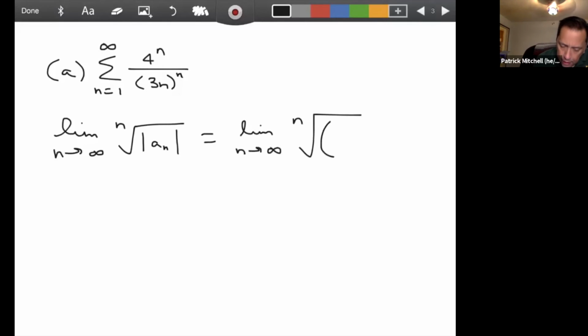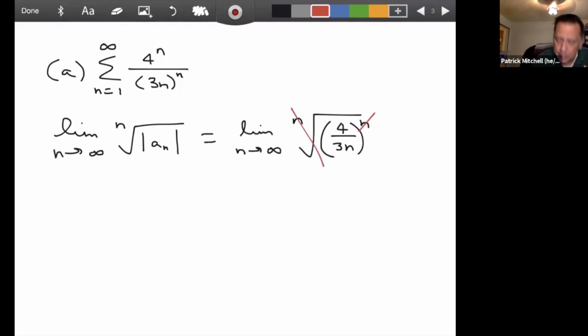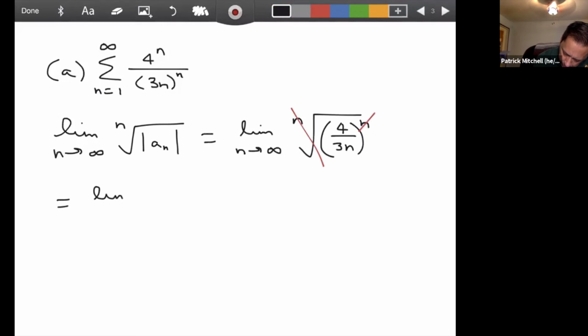Instead of 4 to the n over 3n to the n, I'm going to write it as 4 over 3n, all to the power n. Because then it's a little easier to see why this and this cancel, I think. So we're left with 4 over 3n. And of course, the limit as n increases without bound of 4 over 3n is 0. And 0 is indeed less than 1.